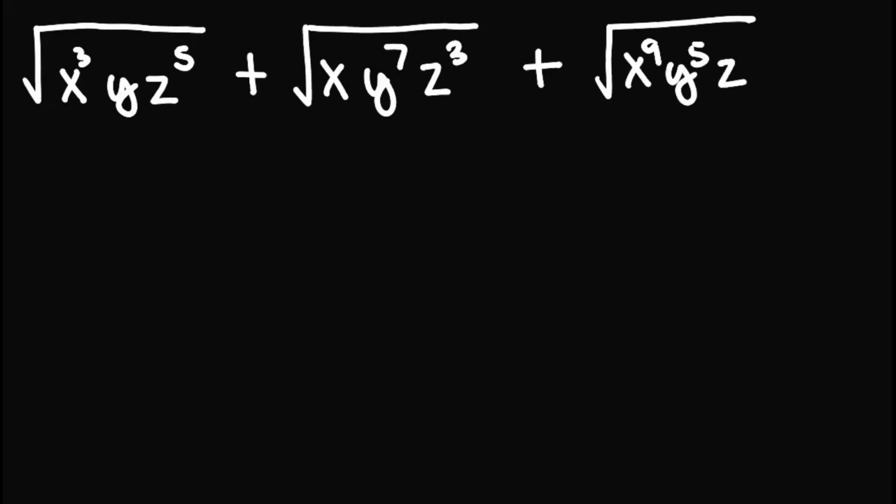So this time we'll have some variables, and again the key is to simplify each of the radicals first.